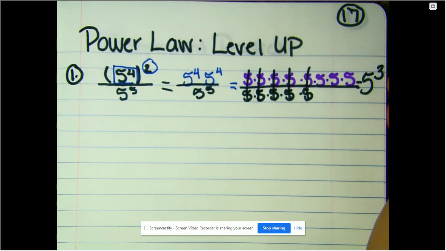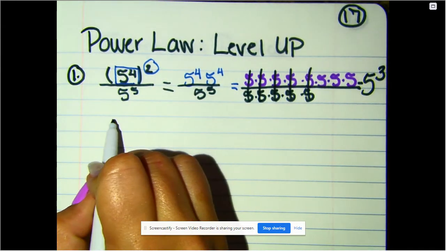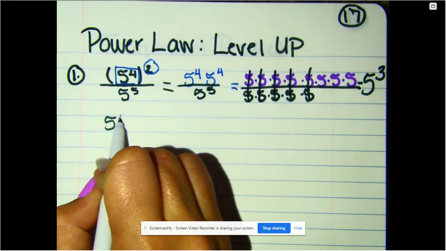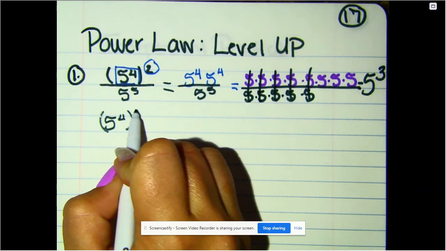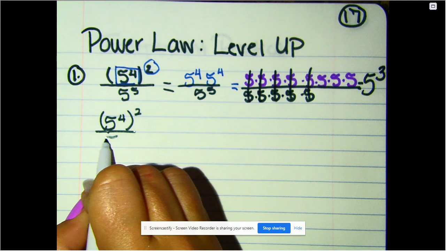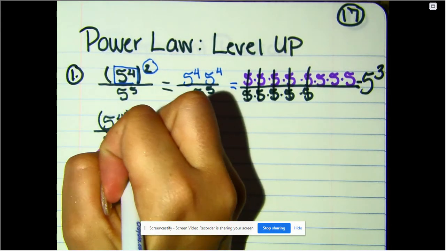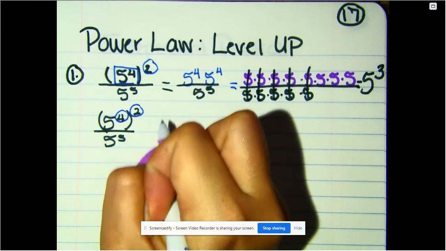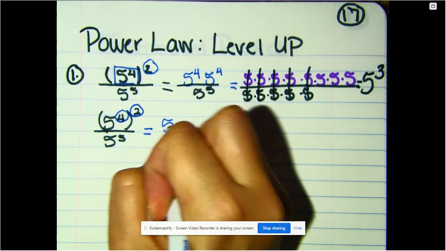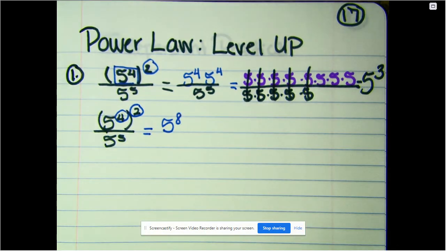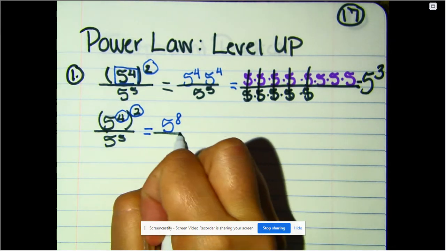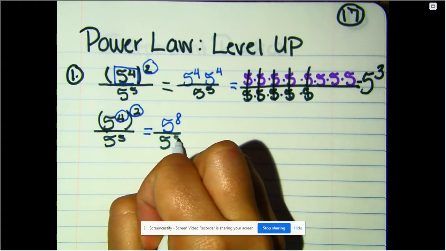Okay, another way that we could have done number one is remembering that with the power law, you multiply your exponents. So we could have taken 4 times 2 and gotten 5 to the 8th power divided by 5 to the 5th power.